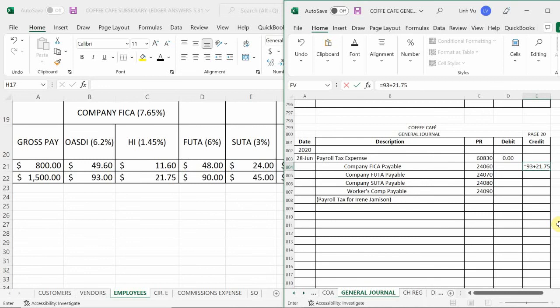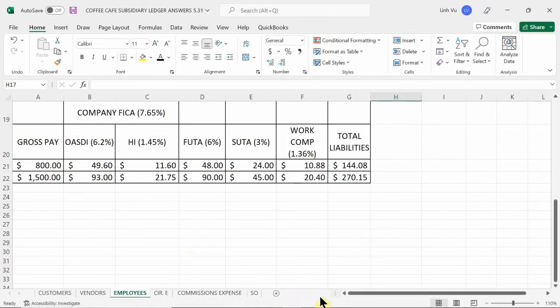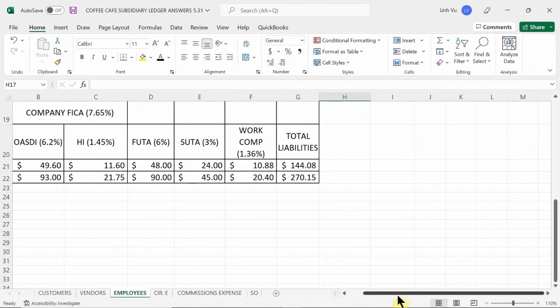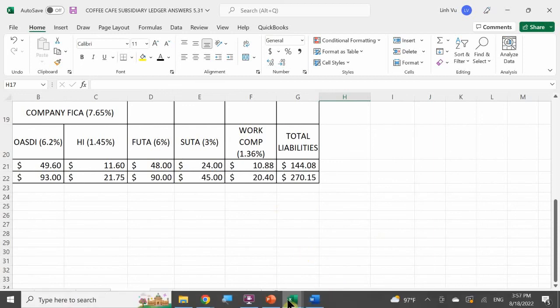It's $114.75. How much FUTA? It's 90. SUTA? It's $9.45. And workers' compensation, $20.40. So the grand total should be $270.15.